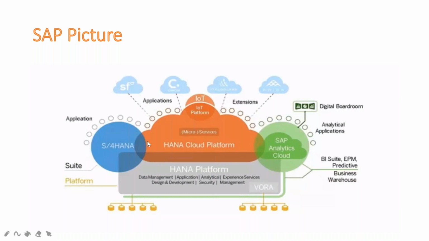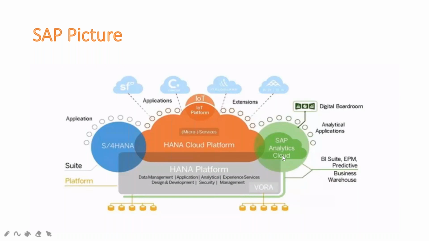So S4HANA suite, which is their transaction platform where all the FI, finance, sales, logistics modules are integrated. Then come SuccessFactors, Concur, Ariba, C4, which are your other applications used for supply chain, CRM and SRM.